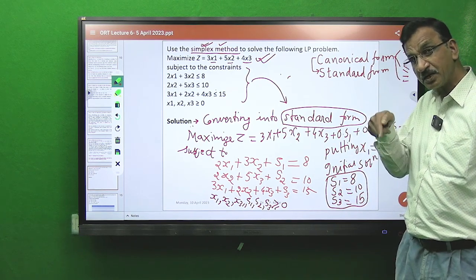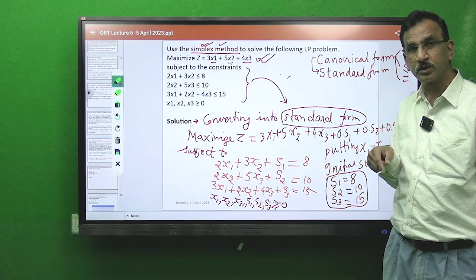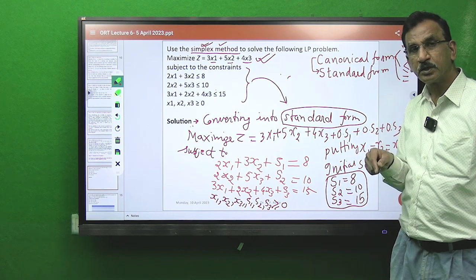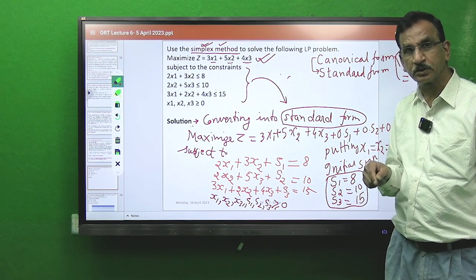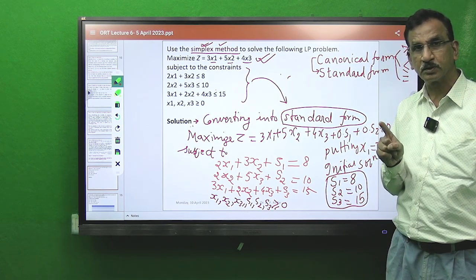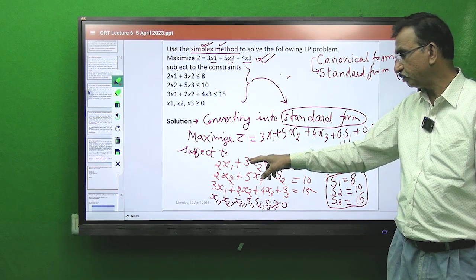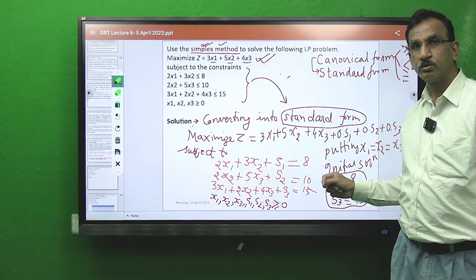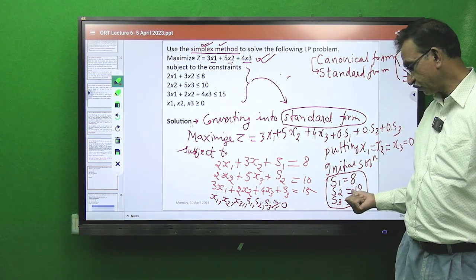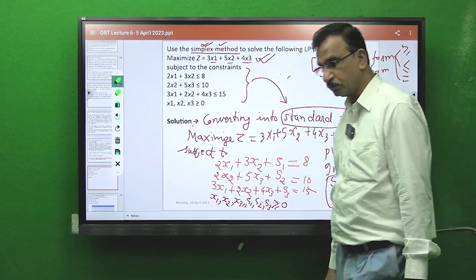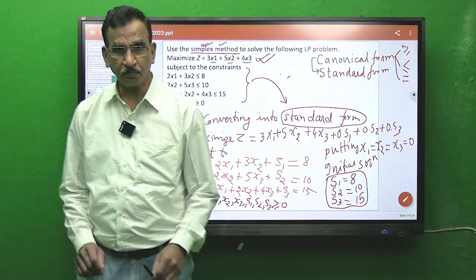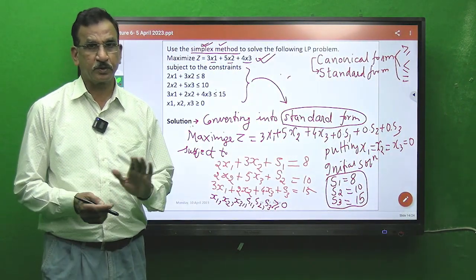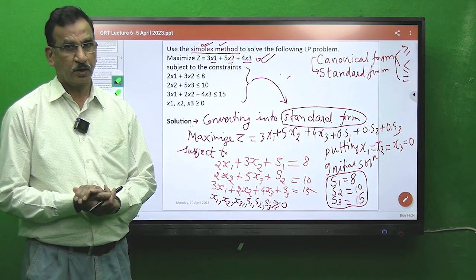And initial solution, first step objective function answer for this problem will be maximize 0 with S1, S2, S3 as the variables. But we are not interested in this. Now we will go ahead.